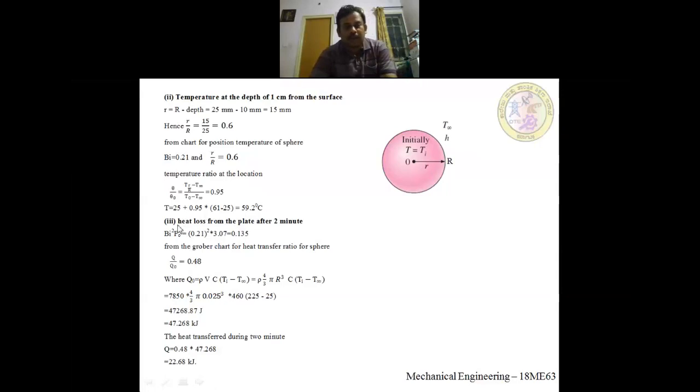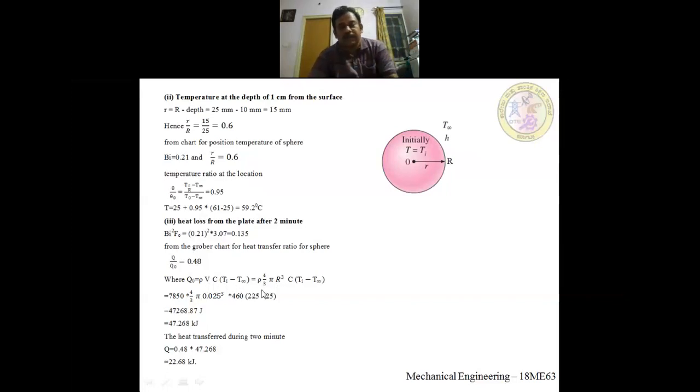Next, the third one, heat loss. Same Bi square into Fourier number you are going to calculate. With this value and the Biot number you are going to get Q by Q naught from the Grober chart. It will be 0.48 and you know how to calculate Q, it will be 22.68 kilojoules. Here the volume is calculated.